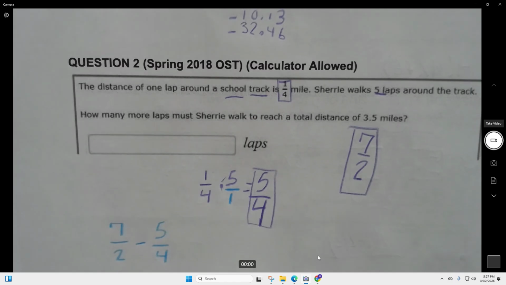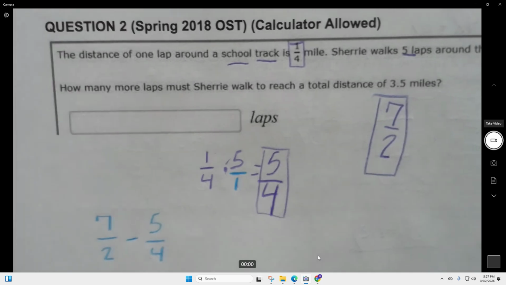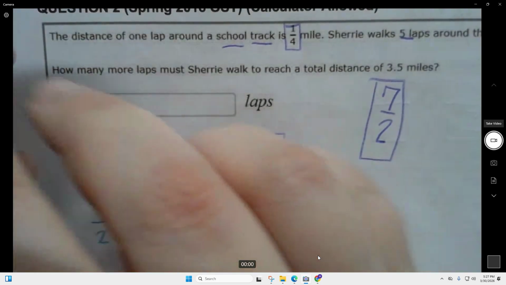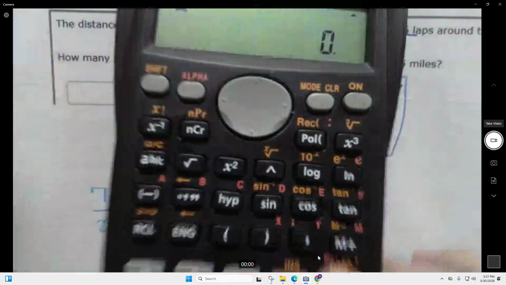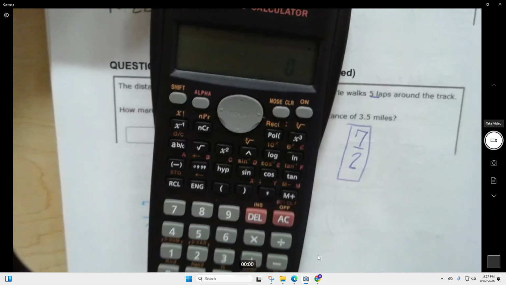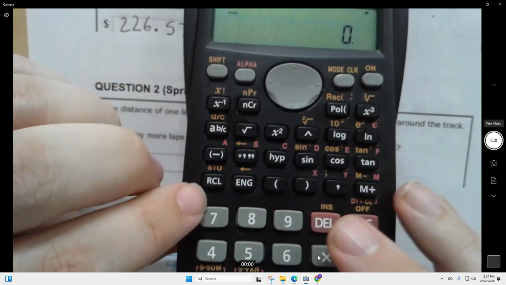You can do this by hand by finding a least common denominator, which would be 4, but let's use the calculator, because the calculator, if used correctly, leads to a lot fewer errors.